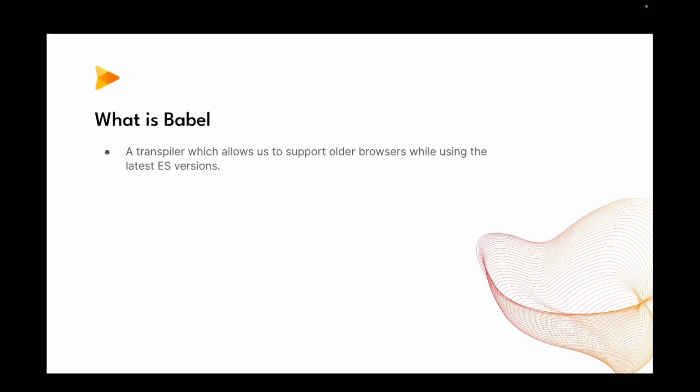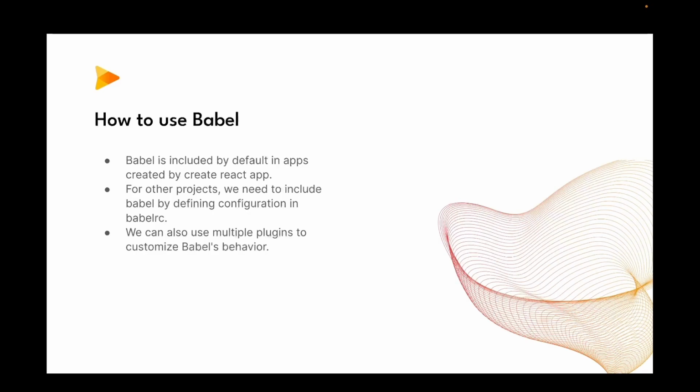Just to summarize, what is Babel? Babel is a transpiler that helps us write code in the latest ECMAScript versions and convert it to older versions to support older browsers, as well as support React, JSX and other features which might not be readily available in browsers.